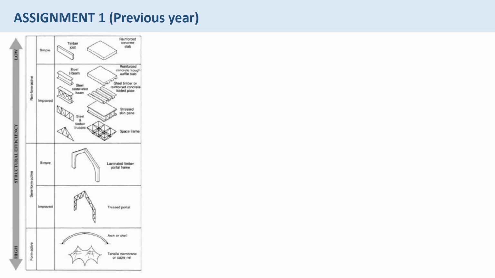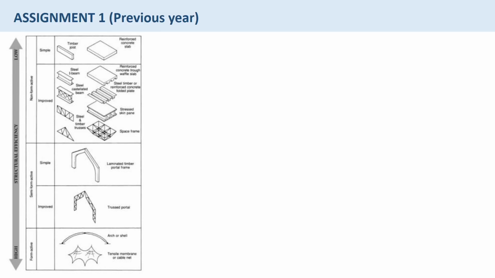So on the top part are those with low structural efficiency, and in the bottom are those with high structural efficiency. So non-form active structures have low structural efficiency. For example, the trusses in normal forms, or you can say slabs and other things. Then we have semi-form active, in which all three kinds of forces are there: compression, tension and bending moment.